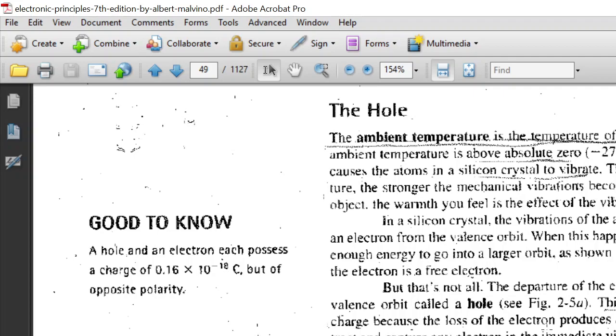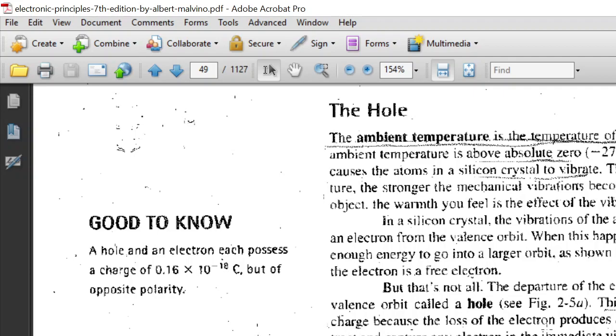Now you can visualize the atom in this way. The electron has been dislodged from the valence shell, so the atom now becomes a positive ion and the electron becomes free. Okay, so there is a positive ion and an electron.